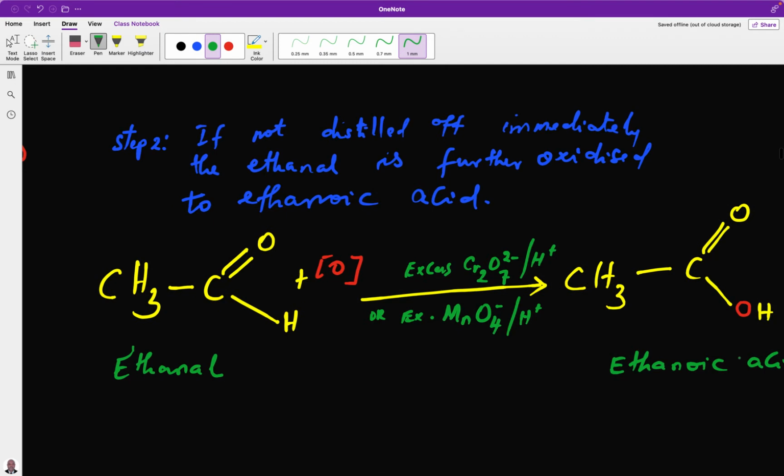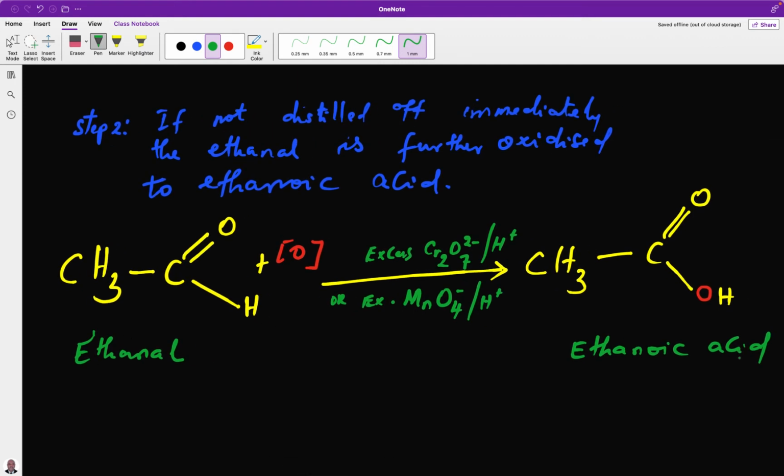So now, step number 2. If the product formed is not distilled off immediately, it is further oxidized to ethanoic acid. The reagent, as we said, is excess acidified potassium dichromate 6 or excess acidified potassium manganate 7. So that is the condition.